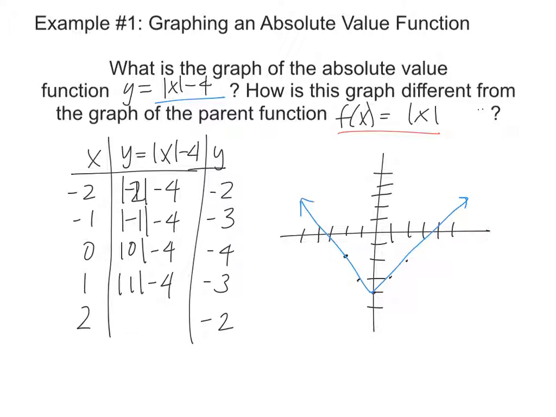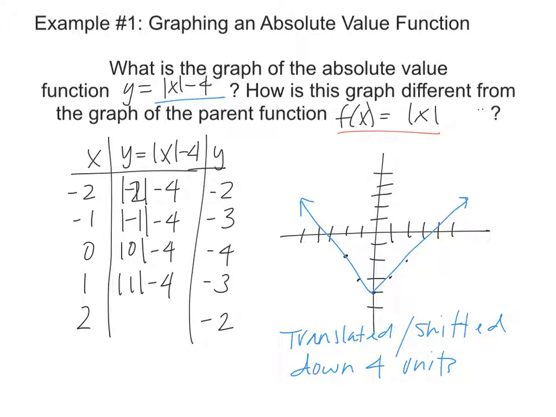And again, it asks, how is this graph different from the graph of the parent function? Translated, or you can say shifted, I don't really mind, down 4 units. If you could have gotten all of this information without creating the table, that's perfectly fine, but I just want to let you know this is the background building up to example 1. So let's look at our try.